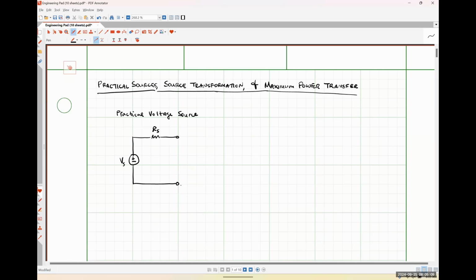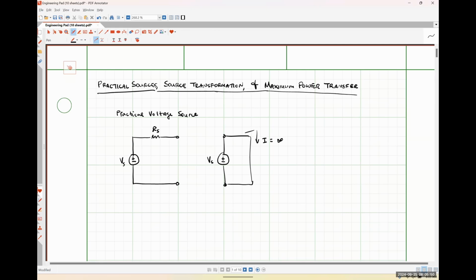If we had an ideal voltage source, and you don't have to write this down because I'm going to erase it in a moment, Vs like so, here are the terminals of the source, and then we applied a short circuit across its terminals, what would the current be that flows through the short circuit? Infinity.